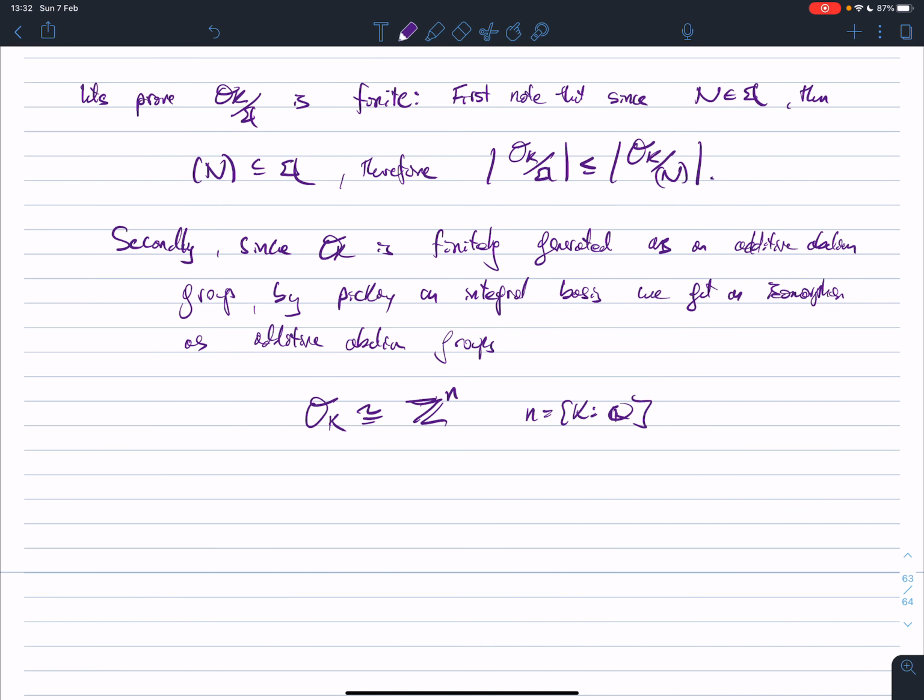If you had a basis like 1, alpha, up to alpha^(n-1), then any element in here can be written as a_0 plus a_1 alpha plus up to a_(n-1) alpha^(n-1). And what do you map this to? Well, you map this just to the vector (a_0, a_1, ..., a_(n-1)), just to the coefficients.